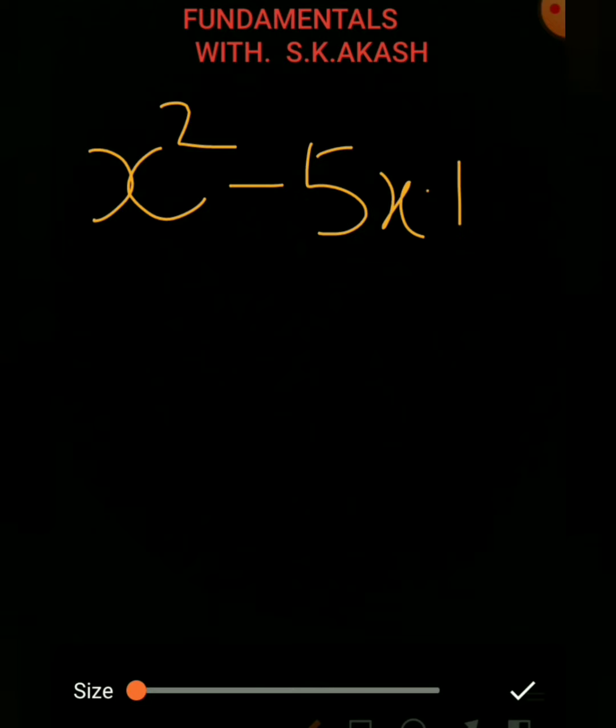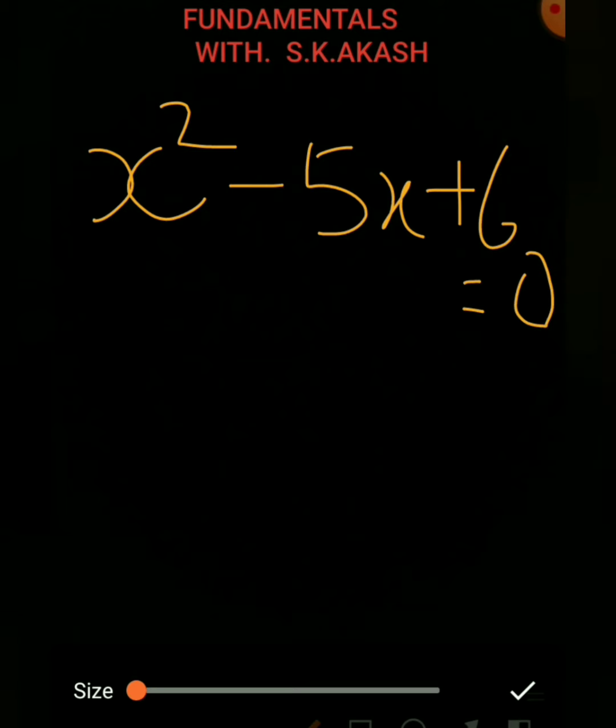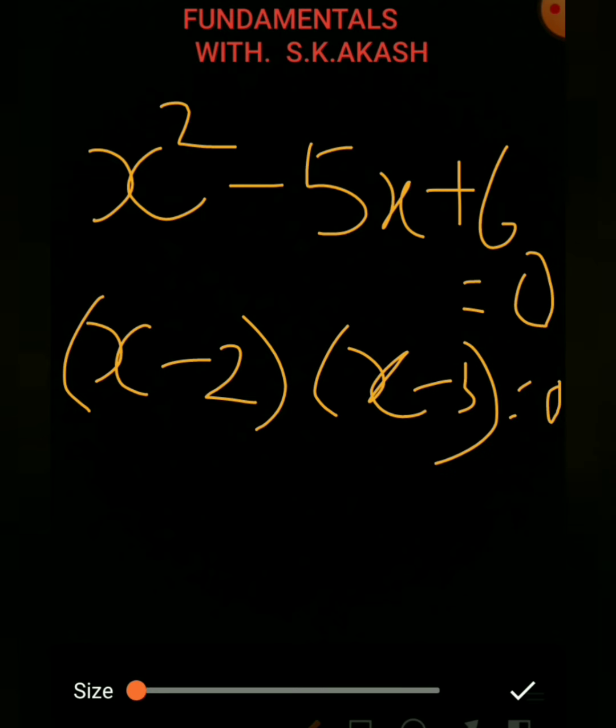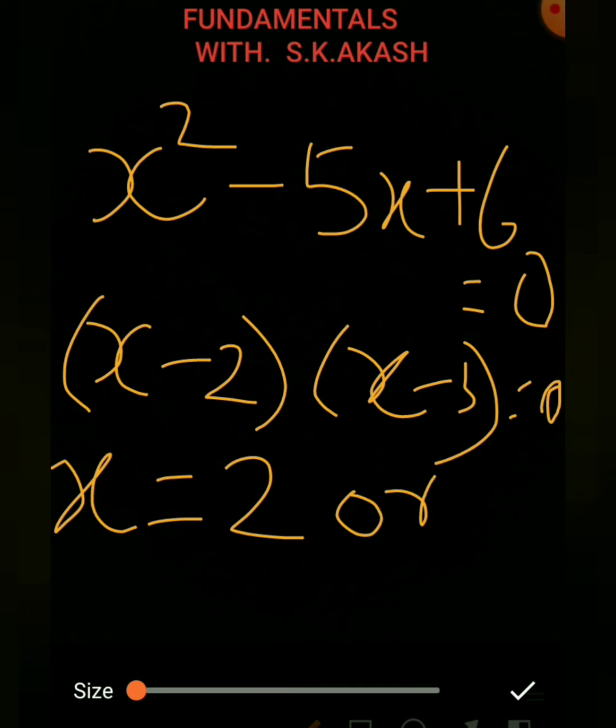Likewise, you see here this quadratic equation, x square minus 5x plus 6 equals 0. On solving this quadratic equation, you will get the two factors x minus 2 and x minus 3 equals 0. Here x can be 2 or 3.